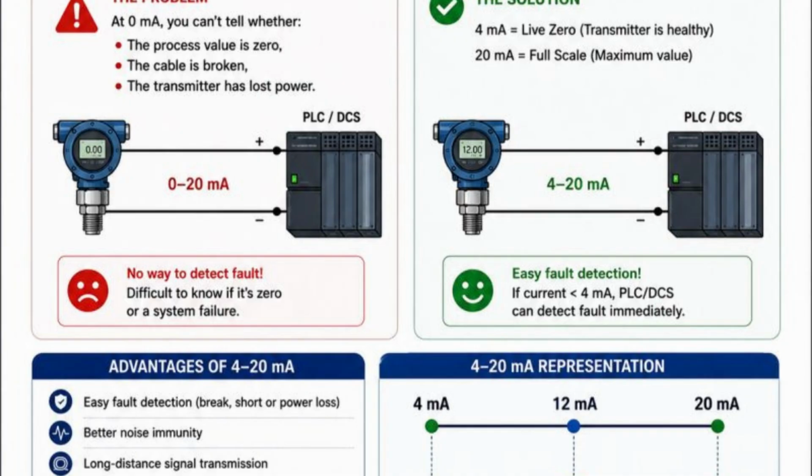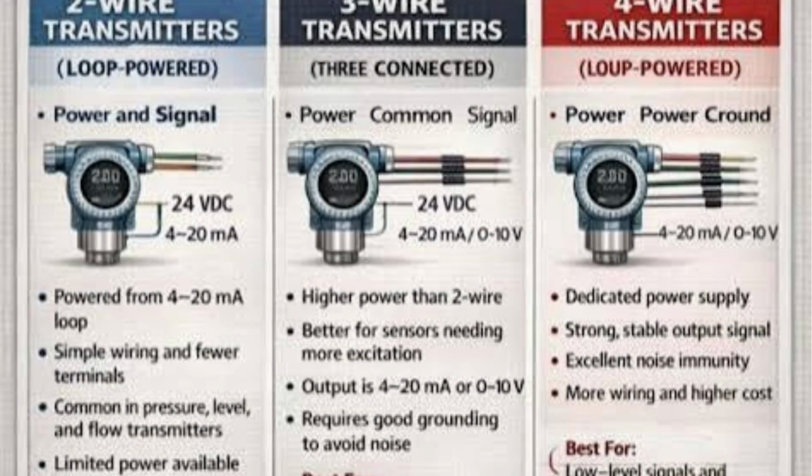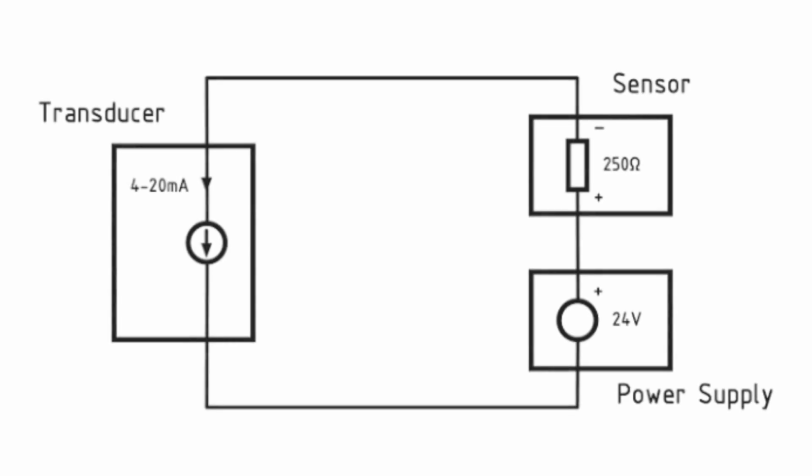Among different signal standards, 4-20 milliamps is one of the most widely used and reliable industrial signal standards. But have you ever wondered why industries prefer 4-20 milliamps instead of 0-20 milliamps?